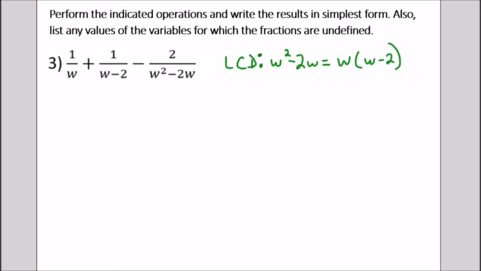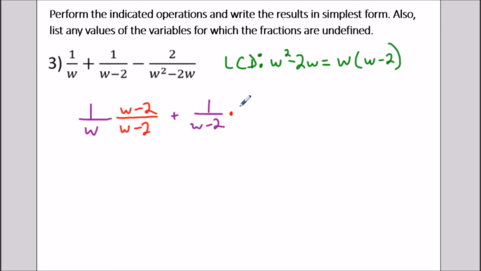So then what we're going to do, we got 1 over w, and that's missing a factor of w minus 2. So this first one, we could say we're going to multiply by w minus 2 over w minus 2. Now the second piece, the 1 over w minus 2, that's missing a factor of w.